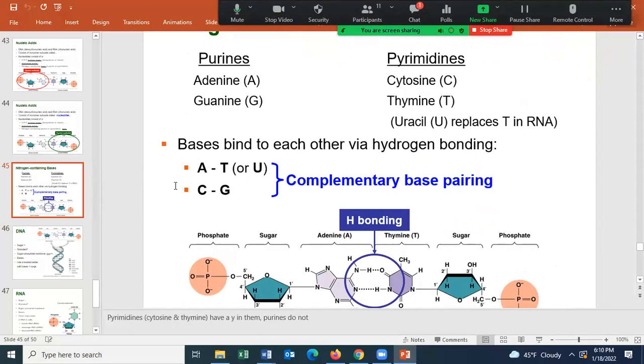The DNA pairing of one strand of DNA is always paired with the A and the T, meaning the A and the T are complementary bases. And the C and the G are complementary bases. They pair with each other, and they pair because they hydrogen bond with each other.